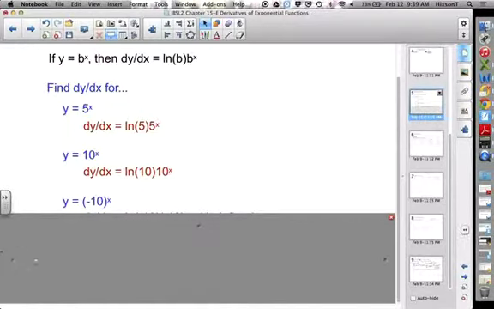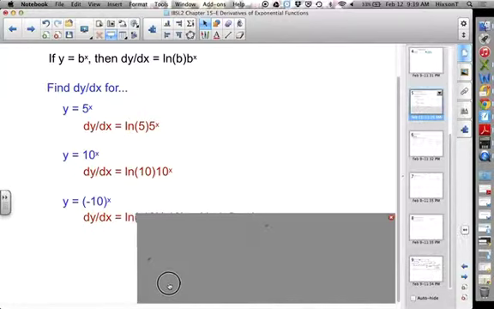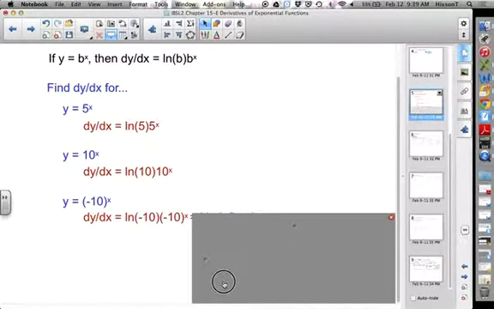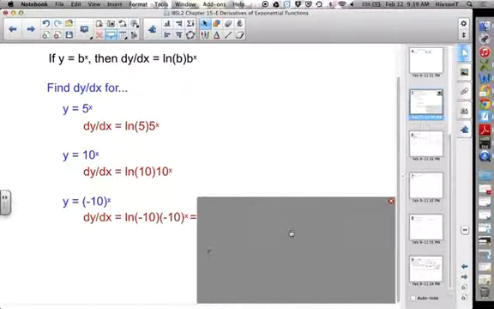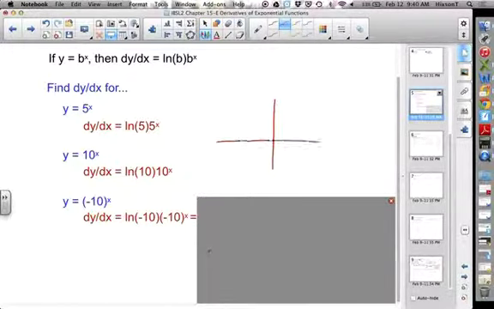Wouldn't it equal the natural log of negative 10 times negative 10 to the x? What is the natural log of negative 10 though? Is it undefined? It is undefined. If you remember, your natural log function looks like this, right?